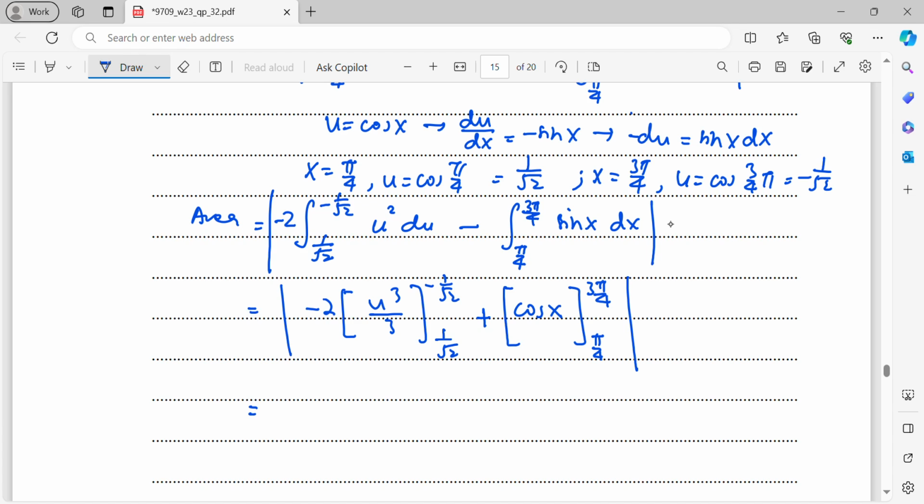And then now you simplify. So I will write negative 2 over 3, then negative 1 over root 2 cubed minus 1 over root 2 cubed, plus cos 3 pi over 4 minus cos pi over 4.